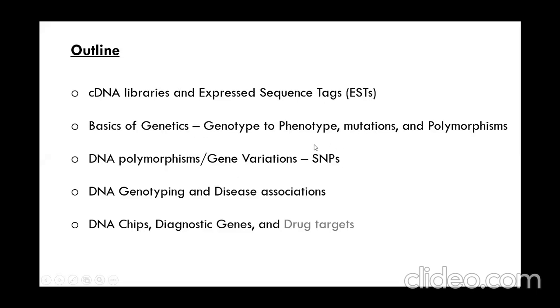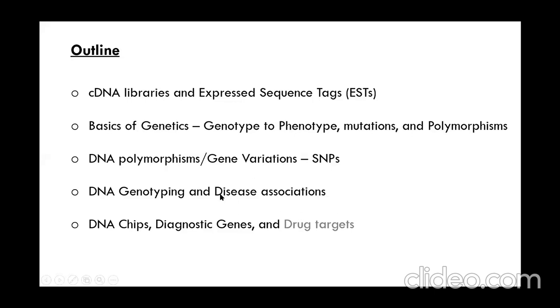What is the functional significance of ESTs? Followed by that, we will talk about SNPs, which constitute one of the fundamental concepts of DNA polymorphism, or gene variations. But before that, we will brush up our basics in genetics, population genetics, alleles, allele frequency, and polymorphism. Then we go into genotypic and DNA association with disease.